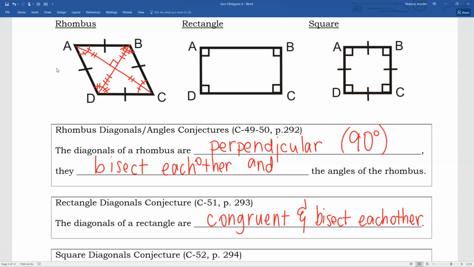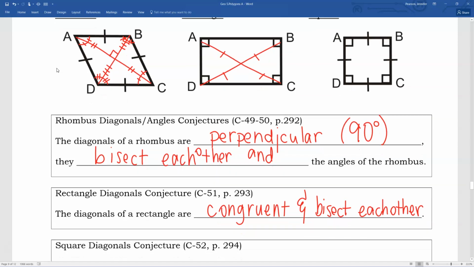So if I draw in this diagonal going from A to C, this diagonal going from B to D is the exact same length. And all of those half pieces are the same. So this piece, this piece, this piece, and this piece, all the same length. So we have 4 halves that will all have the same value.